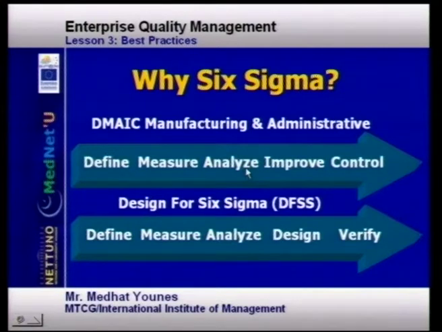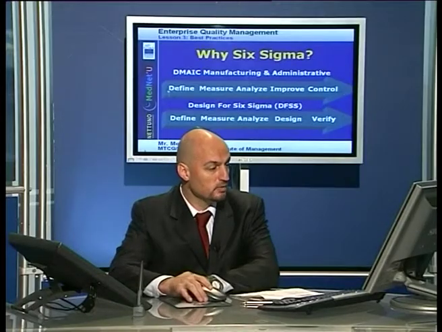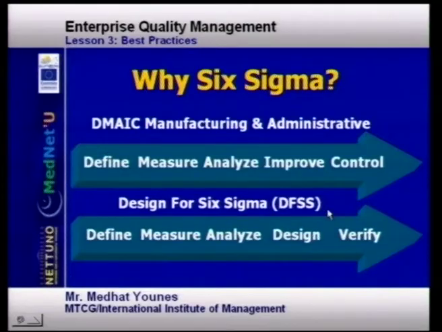On analysis, of course, the question to answer is, do we have sufficient data? Improvement: can we articulate improvement within the system? And control, which we explained before. Design for Six Sigma, or DFSS, methodology consists of, again, definition, measurement, analysis, design, and verification.